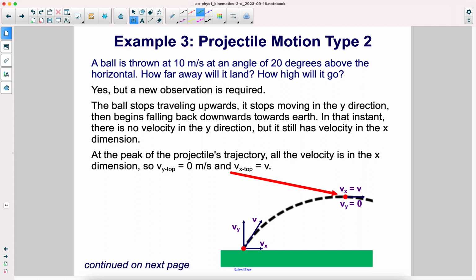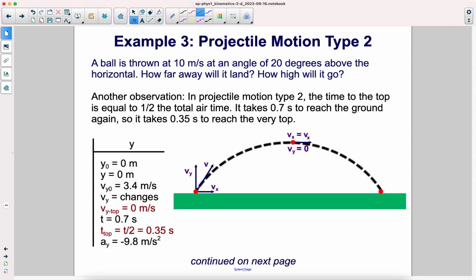In that instant, there's no velocity in the y direction. However, it still has velocity in the x dimension. At the peak of the projectile's trajectory, all of the velocity is in the x dimension. Therefore, the velocity at the top in the y dimension equals 0, and velocity at the top in the x dimension equals whatever velocity it already had.